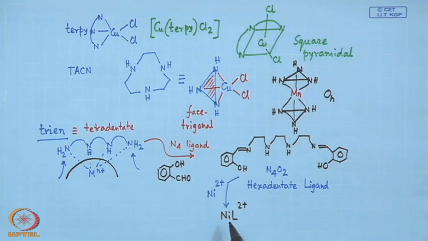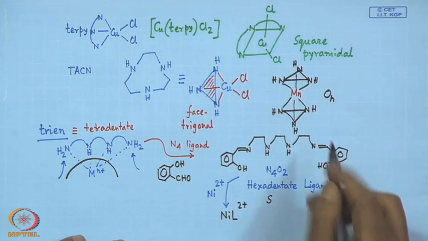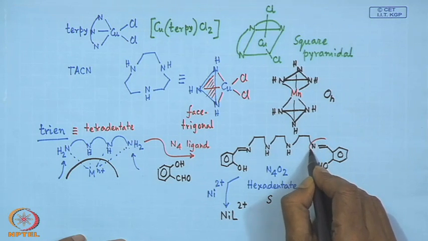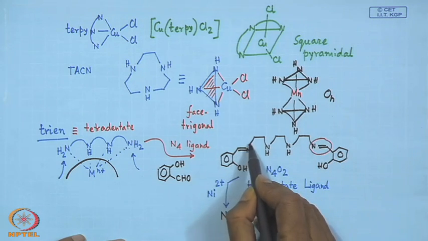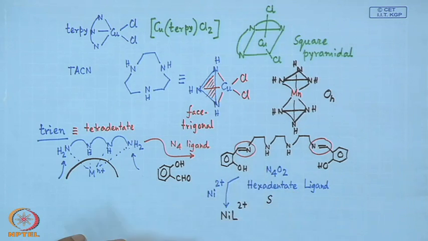So, an octahedral nickel compound can be obtained from a simple condensation product of triene and salicylaldehyde, and this particular ligand has a corresponding imine backbone. So, at the 2 ends, this particular end and this particular end, we have the imine backbone.